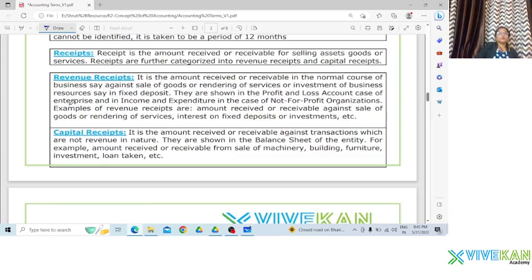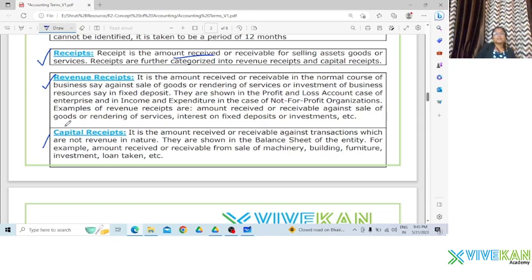Okay, let's move on to the next definition, which is receipt. In simple terms, it's the amount you receive. There are two things which you receive in the course of business: one is revenue and one is capital.